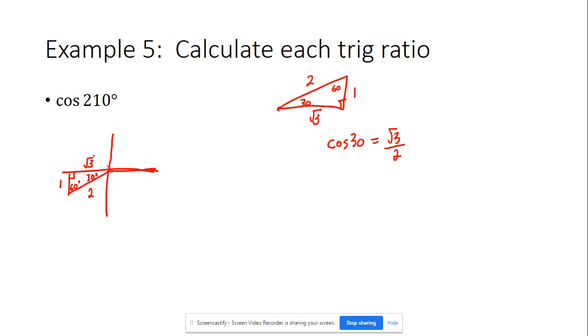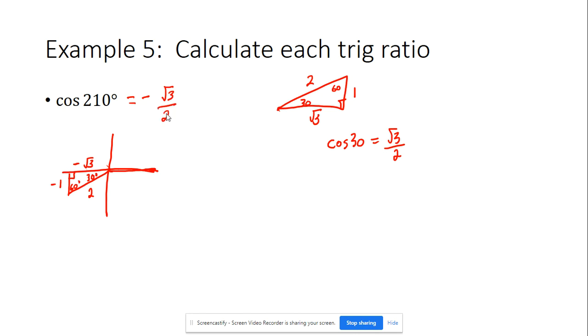Now, what's going to be slightly different here, like we said before, is that for this unit circle, and for trig in general at this point, the x value, which is this one, and the y value, this one, are allowed to be negative, which is happening. If I'm going to the left of center this way and I'm going down, that means this is a negative value and this is a negative value over here. So we're following the trig ratios off of this triangle, and this answer is going to be the adjacent over the hypotenuse, which is negative root 3 over 2.